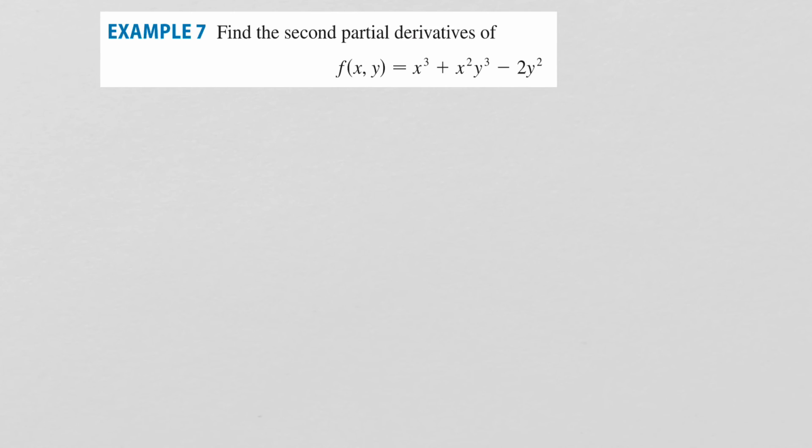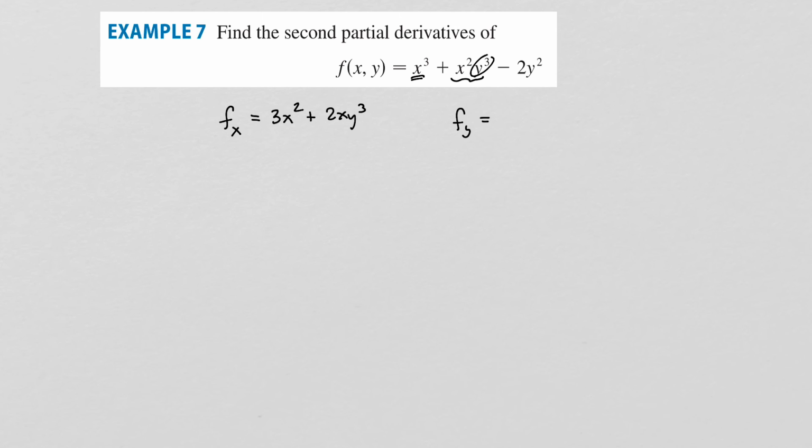Here we want to find all the second partial derivatives of the following function. So to do this, what we need to do first is find the first partial derivatives. So the derivative with respect to x here is going to be 3x squared, and then here we're going to treat y as a constant, so it's going to be 2x times y cubed, and then again this y is a constant which goes away.